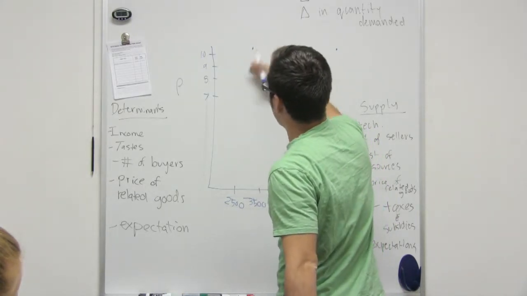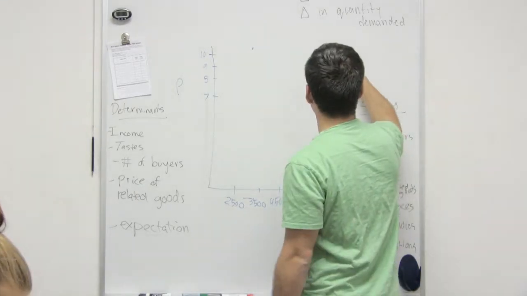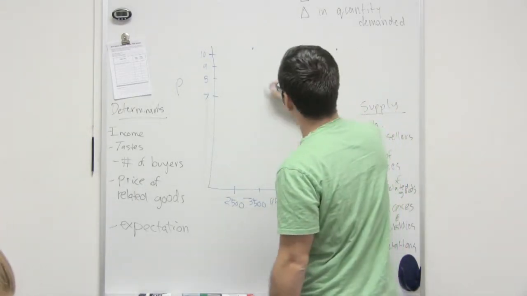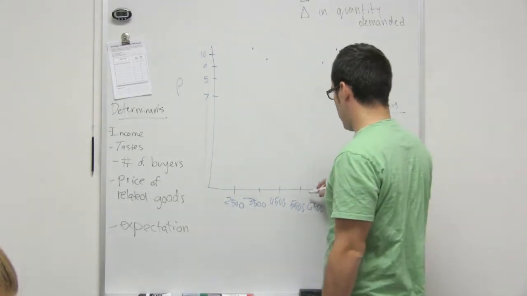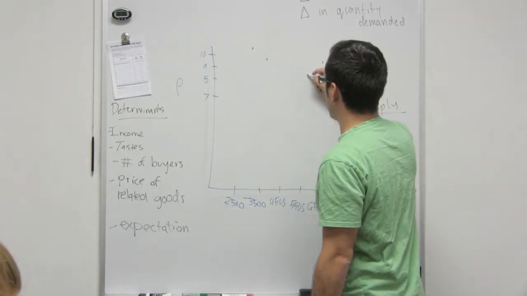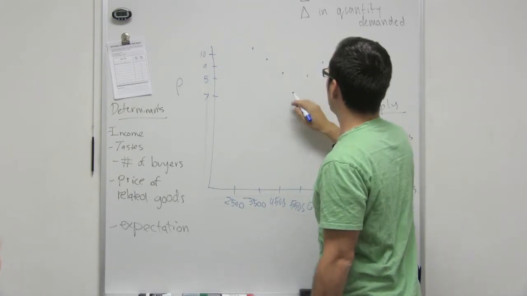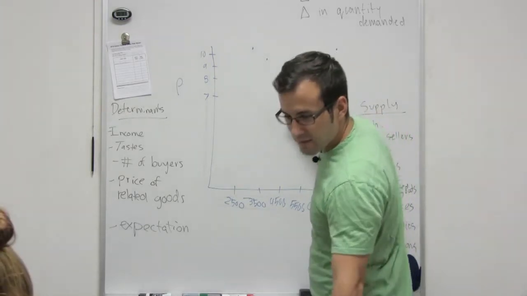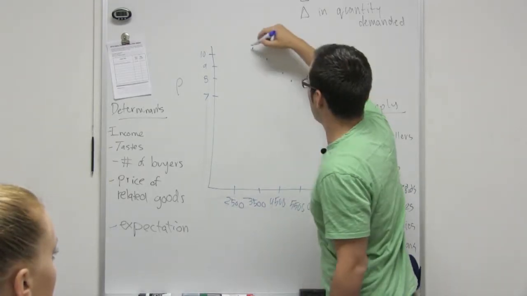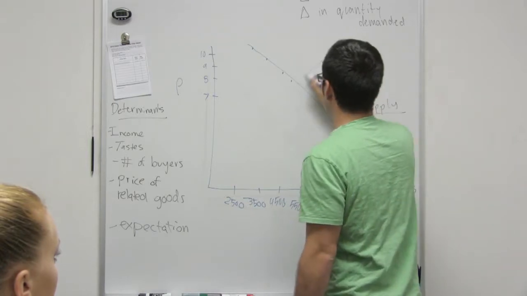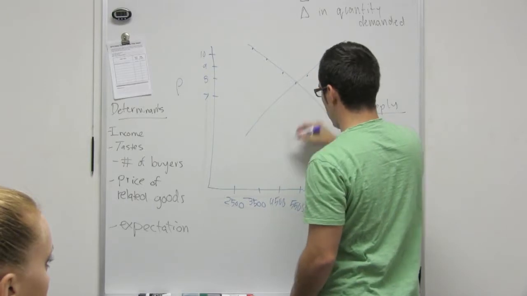And then at $9 we have 6,500 supplied and 3,500 demanded, and then $8 is 5,500 being supplied and 4,000 demanded, so somewhere in here. And at $7 it looks like it's equal, 4,500. So that's where it intersects. There'd be a line like this, and a line like this.